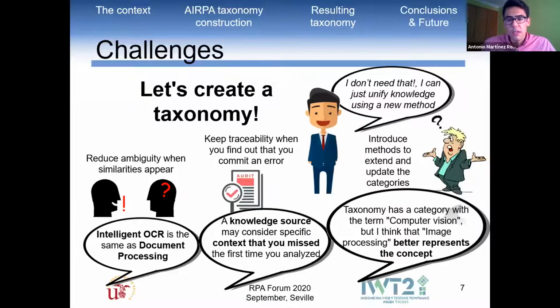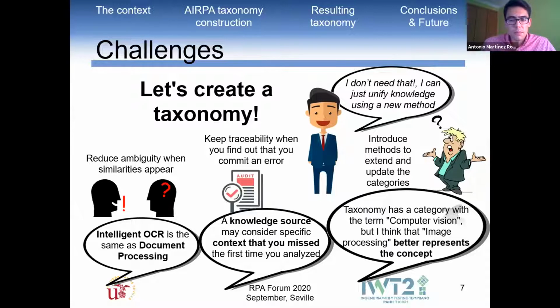Because in this way, we will reduce ambiguity when similarities appear, for example, in the previous case of intelligent OCR and document processing, which are equivalent terms. We will save traceability by following this method. For example, when we find that categories from one of the knowledge sources consider a specific context, we could quickly locate all terms that come from that knowledge source and solve the problem.